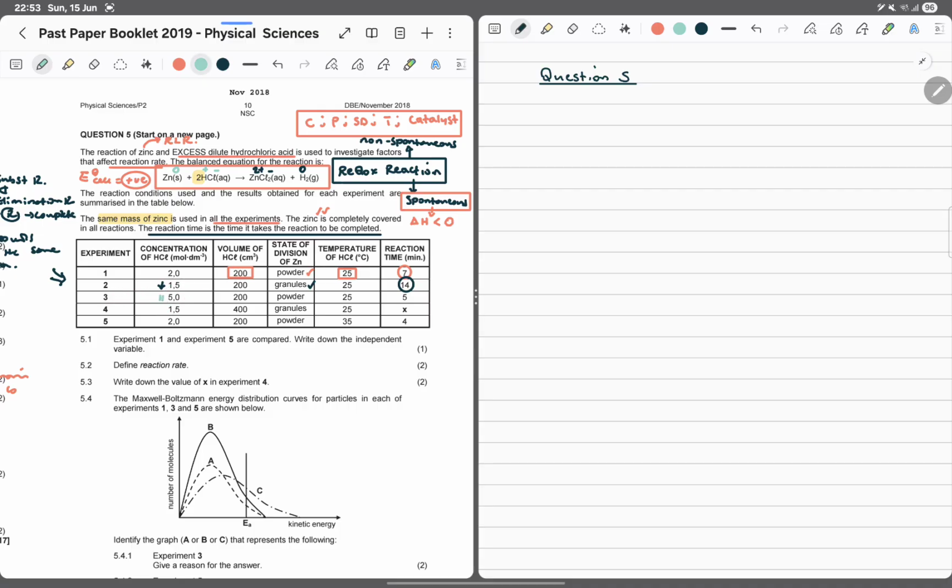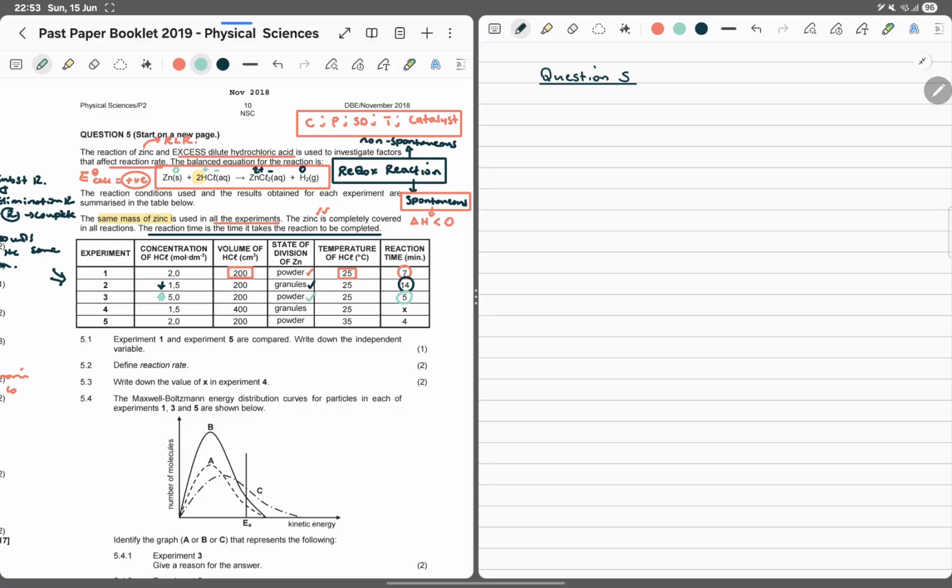We then increased markedly the concentration of hydrochloric acid while we used the same volume as in the first 2 experiments, and we used powder. So this means compared to the first experiment, the concentration is high, and we're using powder as well, as spontaneous reactions at 25 degrees Celsius.